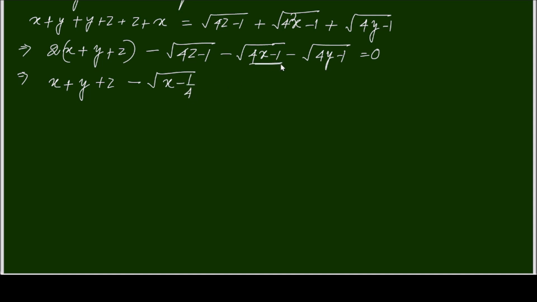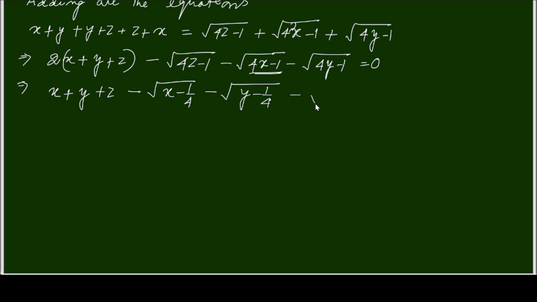I have taken 4 common from here, so it will be x minus 1 by 4, and the square root of 4 equals 2, so I'm cancelling 2 with 2, dividing all the terms by 2. Next will be the y term, square root of y minus 1 over 4, and the last one is square root of z minus 1 over 4, equals 0.